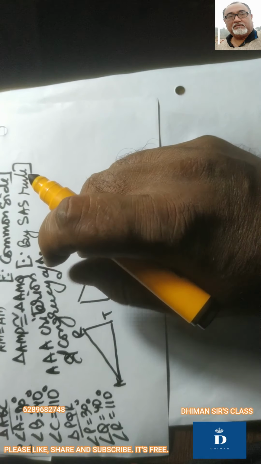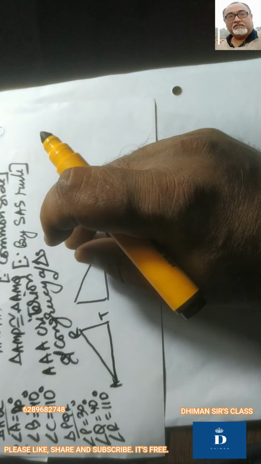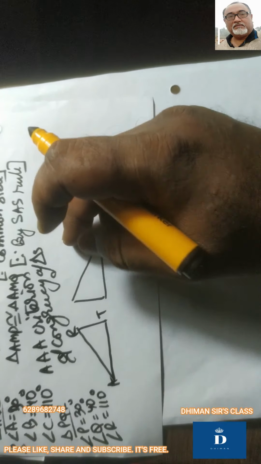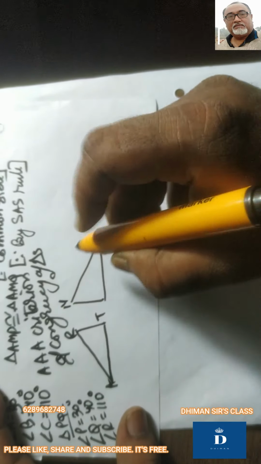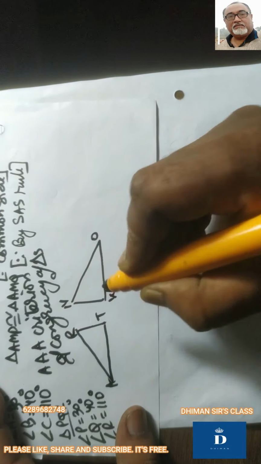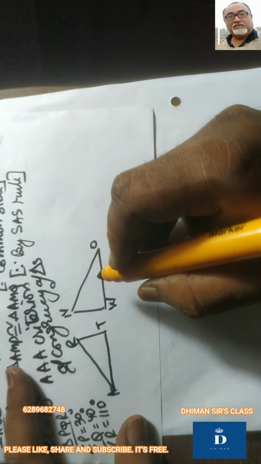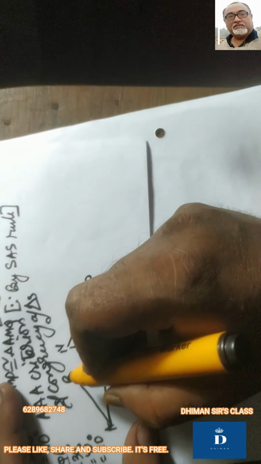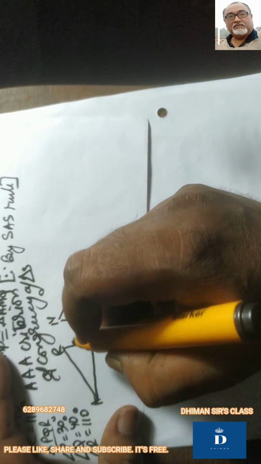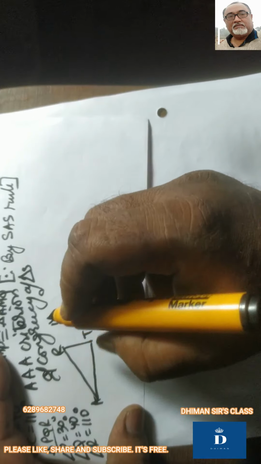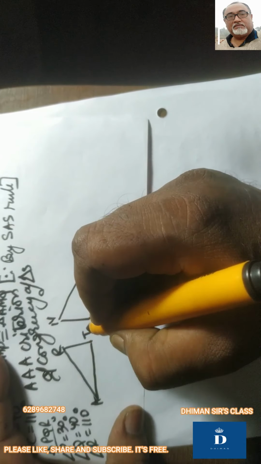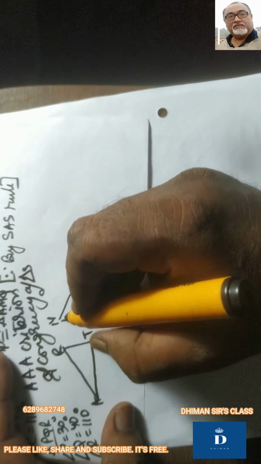As per my computer screen, it is NOW. Okay. Now, as their congruent corresponding parts are given, R equals W.